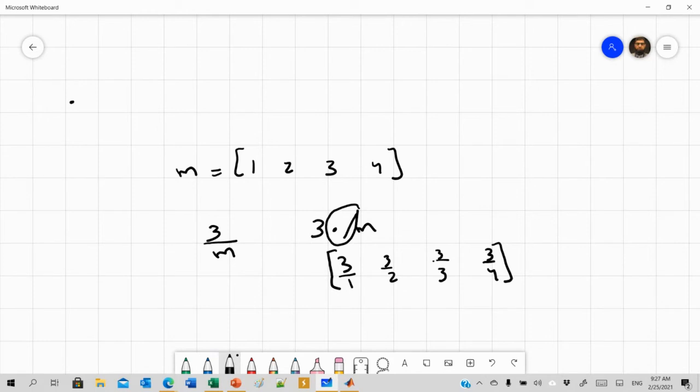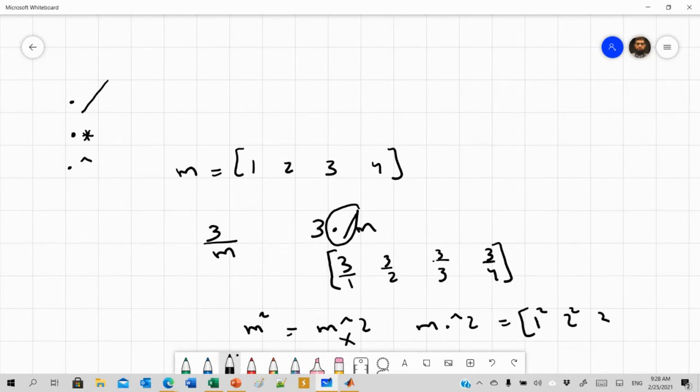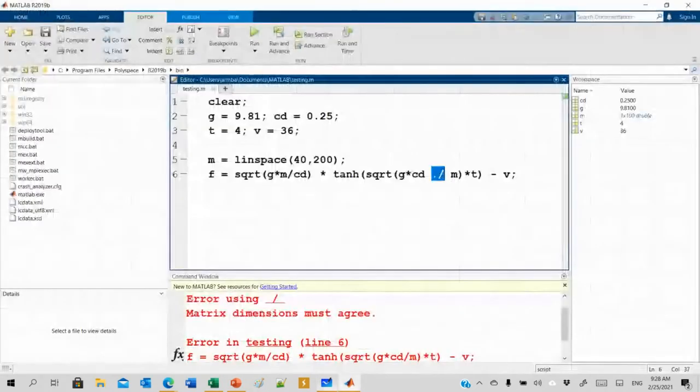We can use the dot with the division, the multiplication, and the power. For example, m to the power 2 is not going to work. I have to say m dot power 2. That means 1 square, 2 square, 3 square, 4 square. So this is called the dot operator in MATLAB.